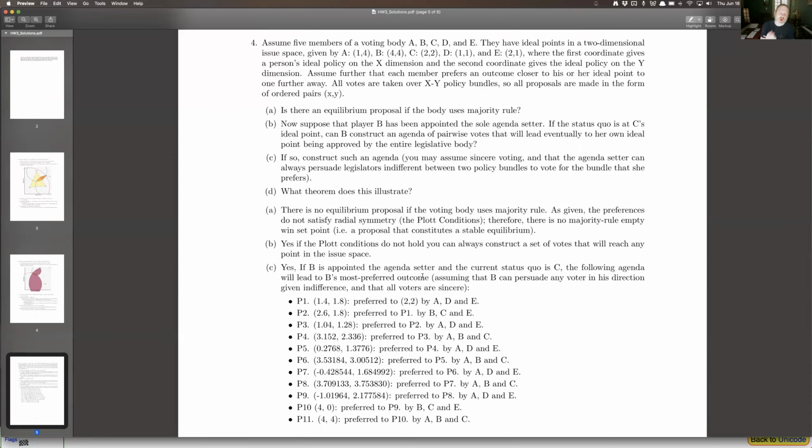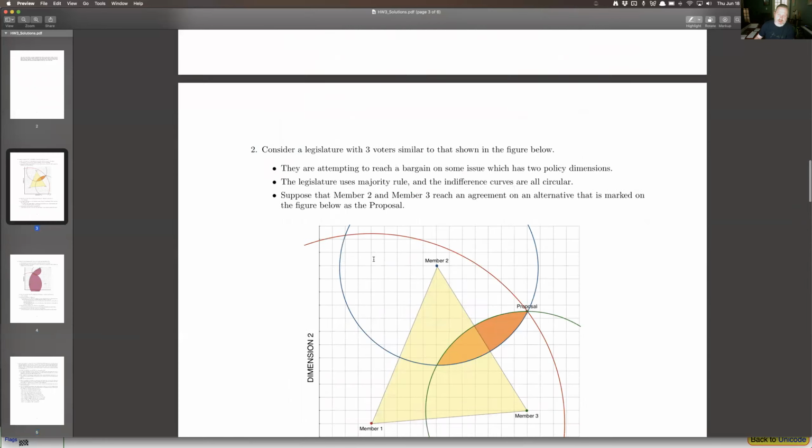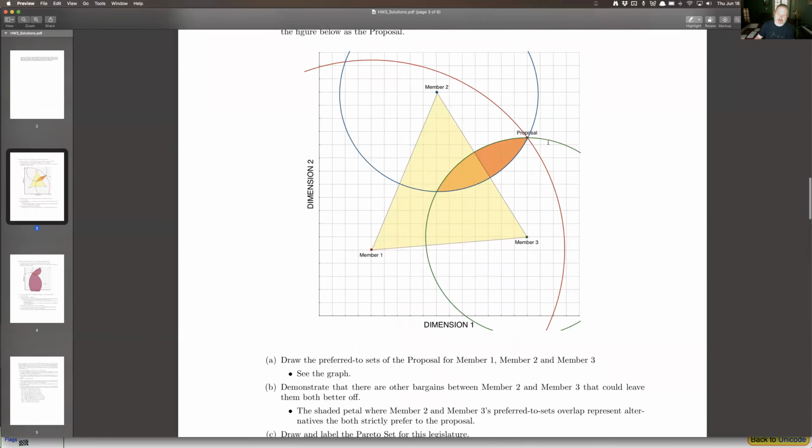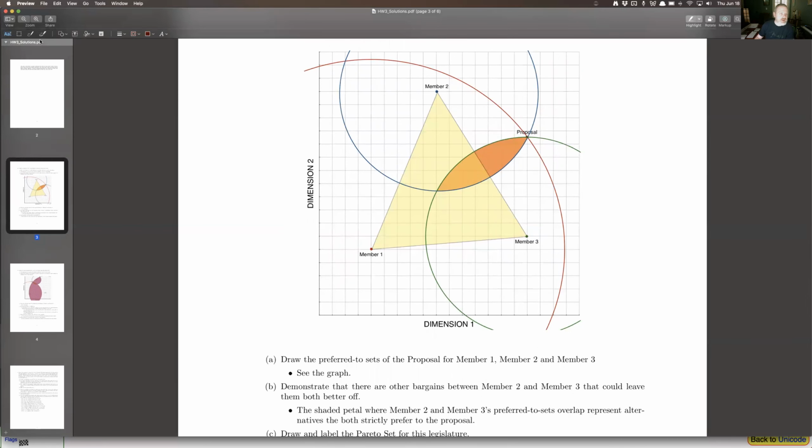I think there was only one person out of everyone who hand drew them. I think it was on this one. They did a little oval and it hit the proposal, but it kind of went like that, right? Let's see if I can show more carefully what I'm talking about, since I am here in a program.